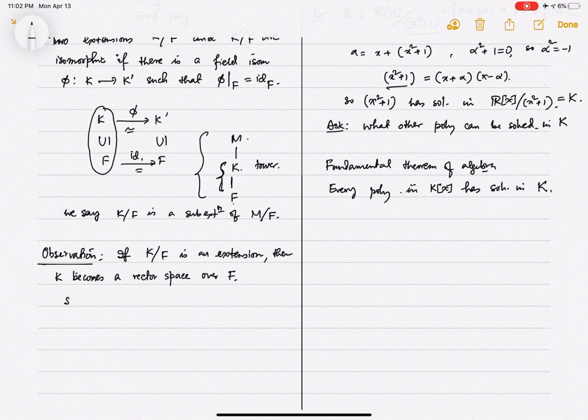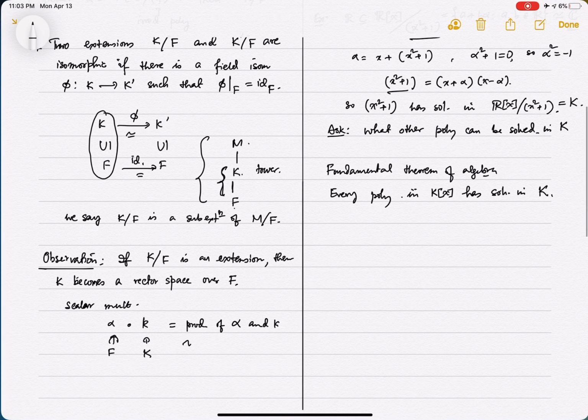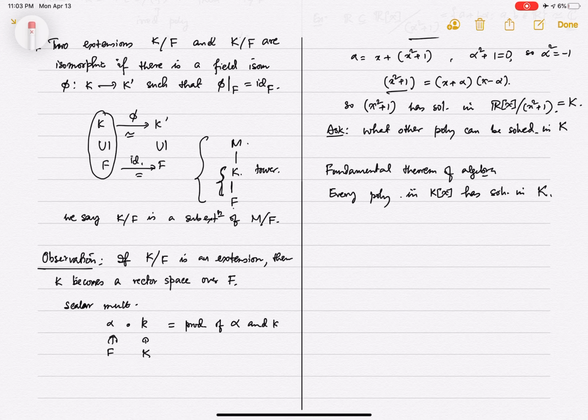What is the scalar multiplication? If you give me an alpha from F and a k from K, then alpha times k just means the product of alpha and k in the big field K. After all, F is a subset of K, so alpha still lives in capital K. And capital K is a field, so it has a multiplication.